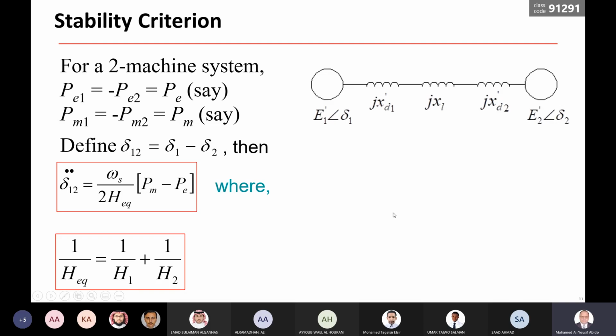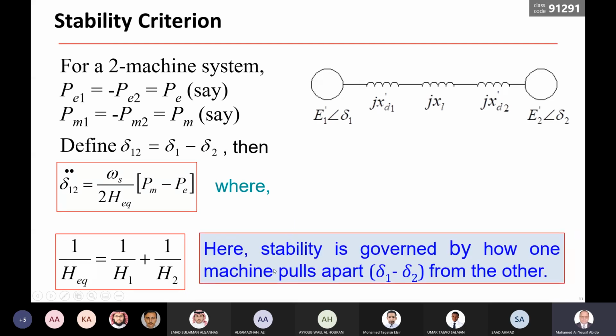And here, mathematically, you can replace this system by a single machine. The equivalent inertia of that machine is the H equivalent, which is 1 over H1 plus 1 over H2.